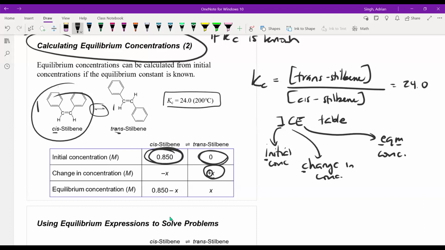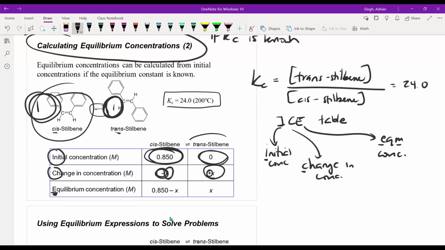And because we're making it, we have the positive sign. Well, guess what? According to this stoichiometry, if we gain x amount of trans-stilbene, that means you have to lose x amount of the cis-stilbene because everything is in a 1-to-1 mole ratio. And because we're losing it, we have that negative sign. So to get the equilibrium concentration, all we're doing is taking the initial and addressing that change that's happening.